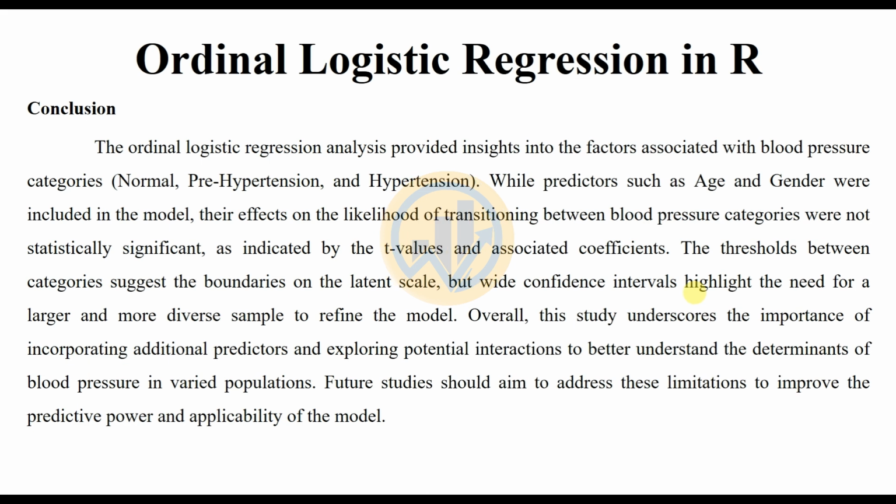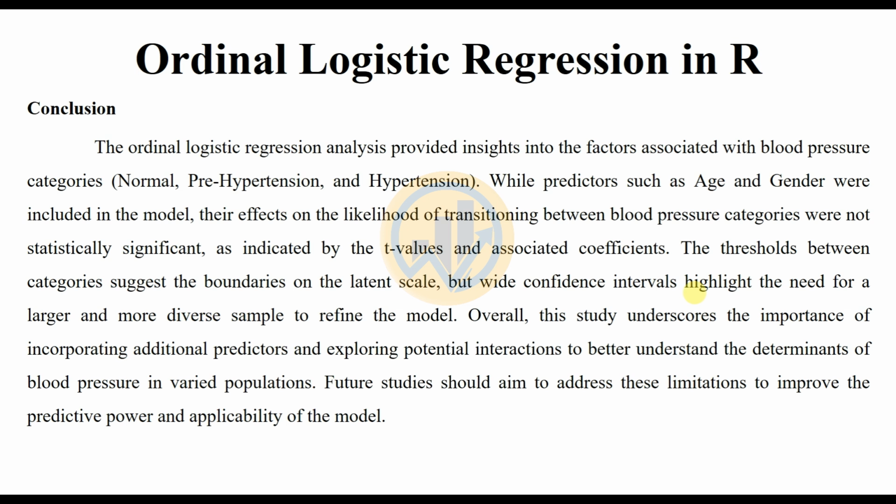The conclusion of the ordinal logistic regression in RStudio. The analysis provides insight into the factors associated with blood pressure categories: normal, pre-hypertension and hypertension. While predictors such as age and gender were included in the model, their effect on the likelihood of transitioning between the blood pressure categories was not statistically significant, as indicated by the t-values and associated coefficients.